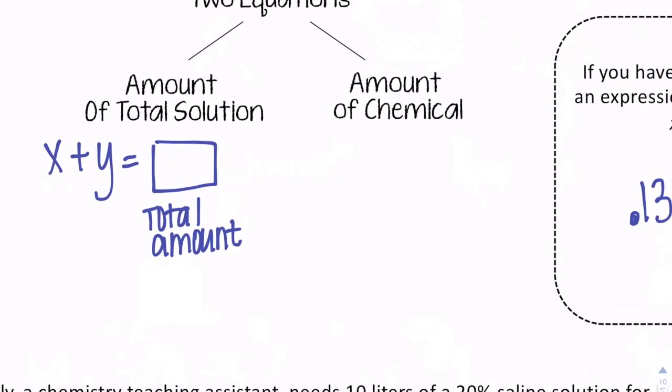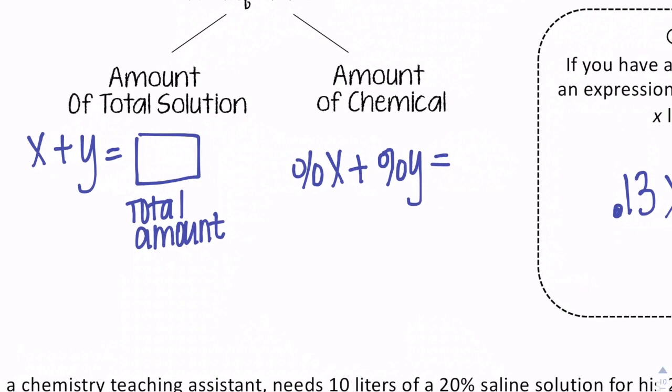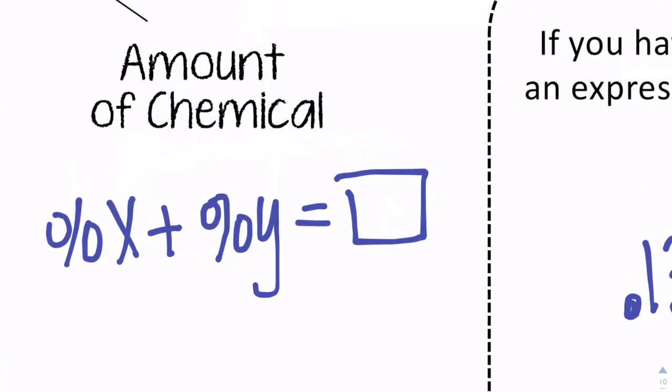So my amount of chemical is going to be very similar to investment, percent X plus percent Y. It's kind of a combination of investment and cost quantity problems, where this right here is going to be my total amount of chemical, okay?